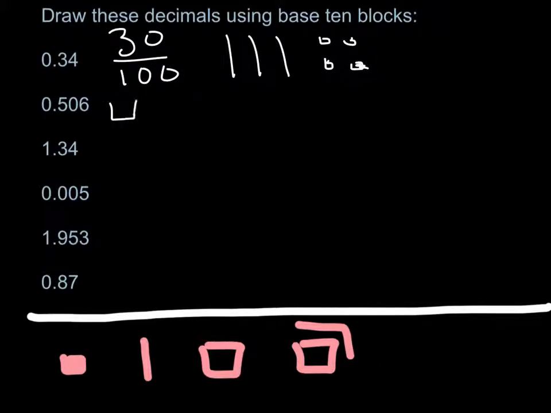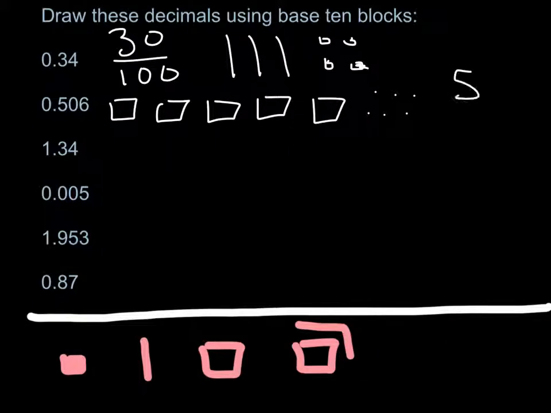So I have 5 flats and 6 little cubes. I'm just going to make dots. It's hard to shade in the little cubes. 6 cubes. So I have 506 thousandths. My fraction would be 506 over 1,000.